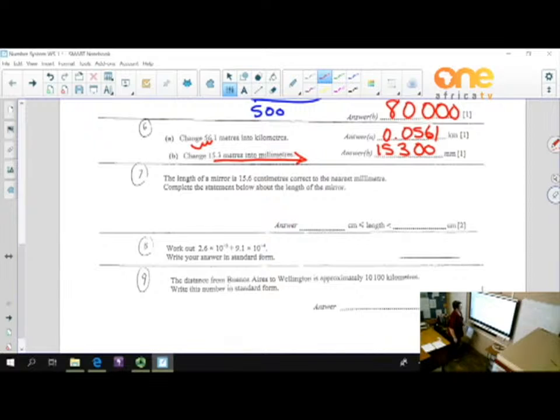Question 7. The length of a mirror is 15.6 centimeters correct to the nearest millimeter. Now, when they work with different units, it's sometimes difficult. So I find it easier to first change this one now to millimeters. There's 10 millimeters in a centimeter.